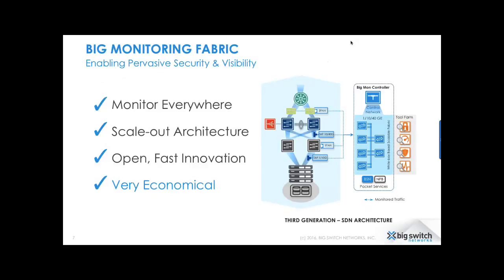When you disaggregate the hardware from the software, the first obvious one I talked about is the fact that it's a scale-out architecture. You don't have to pick a design for 5 years later, simply because you can't really predict how quickly or how massive your network is going to be in 5 years.